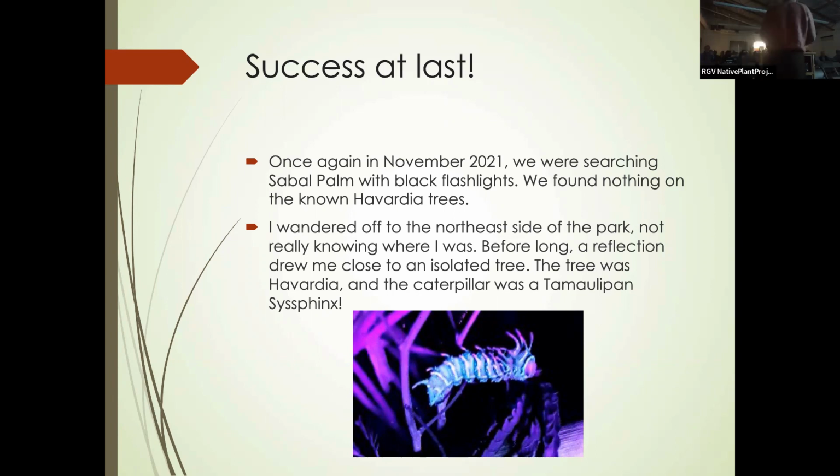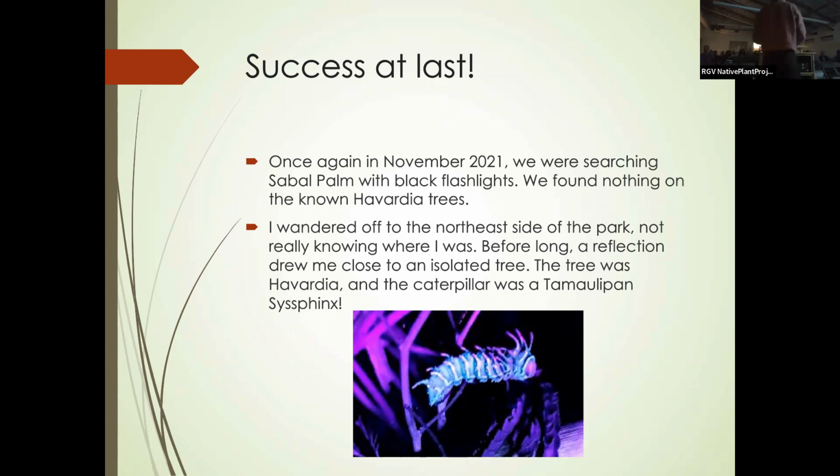All right. So those were a couple of cases where we knew the genus, or at least the family group, and we knew where to look, and we finally found the caterpillar he was looking for.